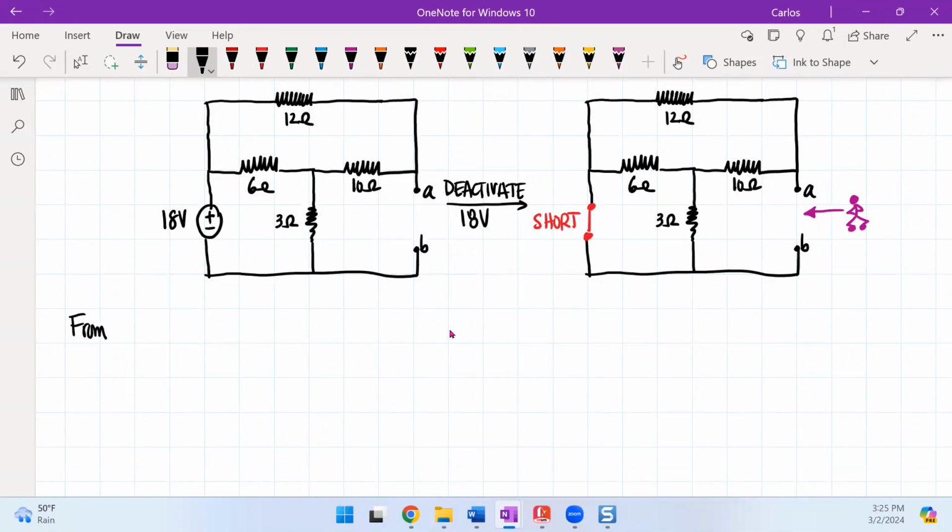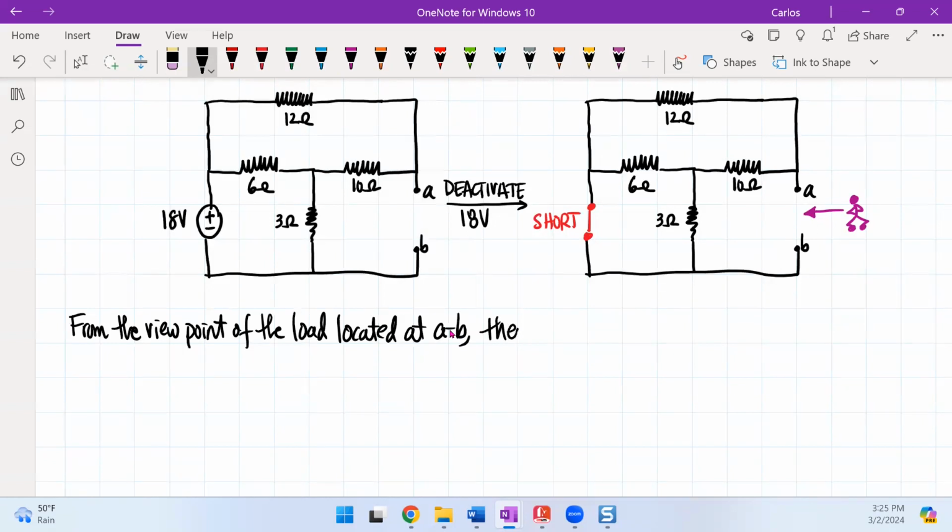From the viewpoint of the load located at AB, there are only resistors left in the circuit.